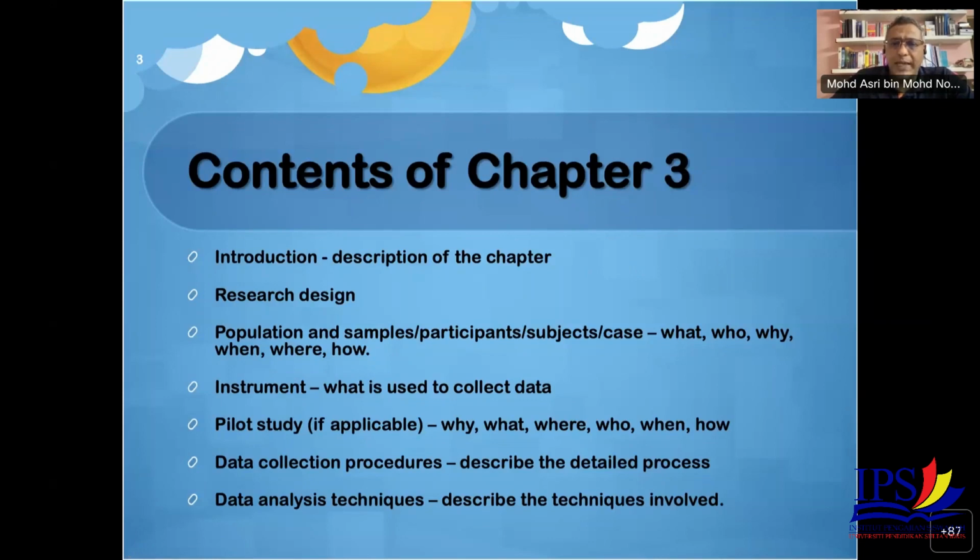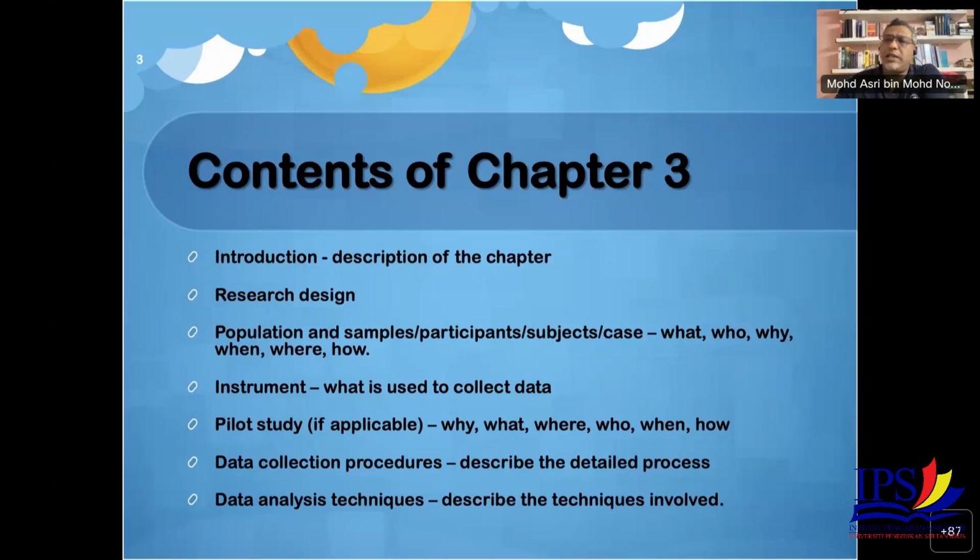But like I said, the simple rule is give an overview of the theories, but focus on the theories that you will be using. So you start with concept, theories, then you go to the past studies.